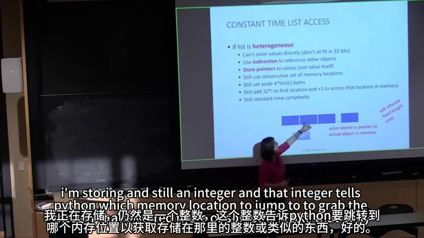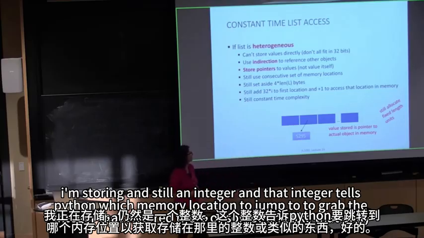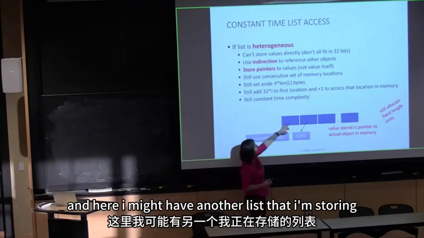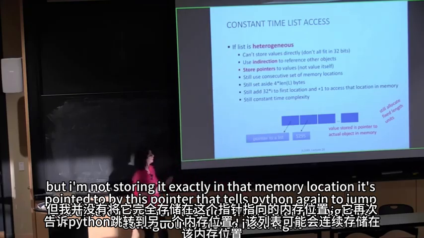Then here, I'm still storing an integer, and that integer tells Python which memory location to jump to grab the integer that's stored there, okay? And here, I might have another list that I'm storing, but I'm not storing it exactly in that memory location. It's pointed to by this pointer that tells Python to jump to a different memory location where that list might be contiguously stored itself.